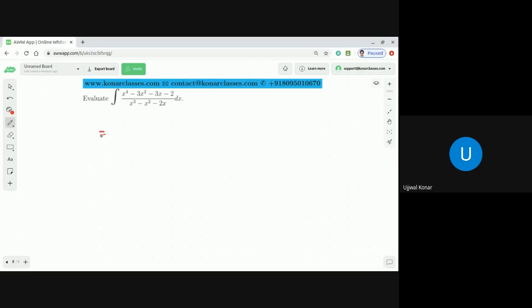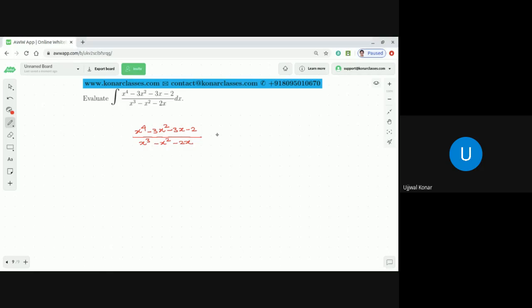So let's first concentrate on this expression: x power 4 minus 3x square minus 3x minus 2 divided by x cube minus x square minus 2x.